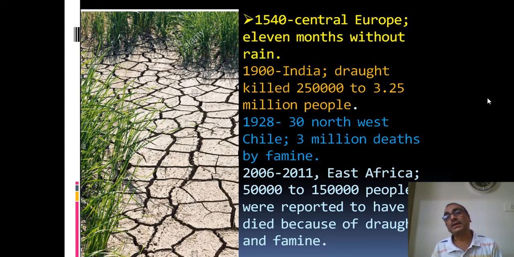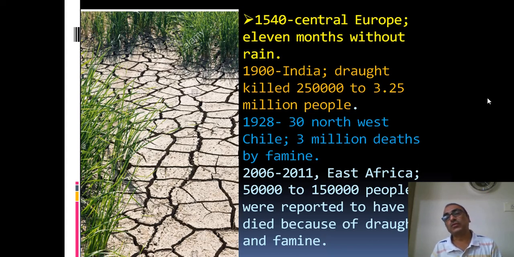In 1928 to 30, in northwest Chile, around 3 million deaths by famine were reported. Famine, as I have told you, is people dying because of unavailability of food and water.